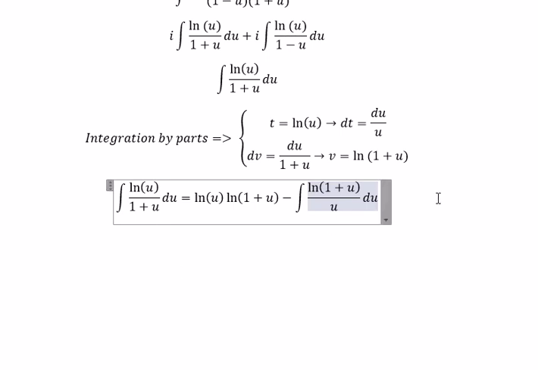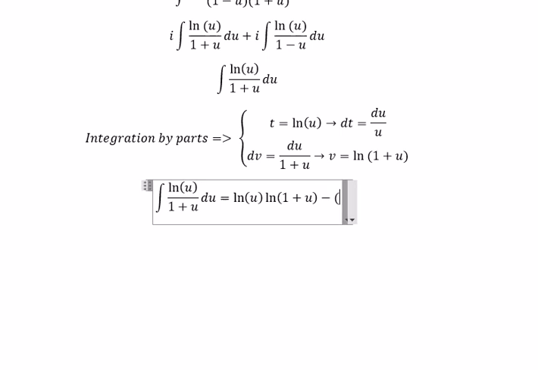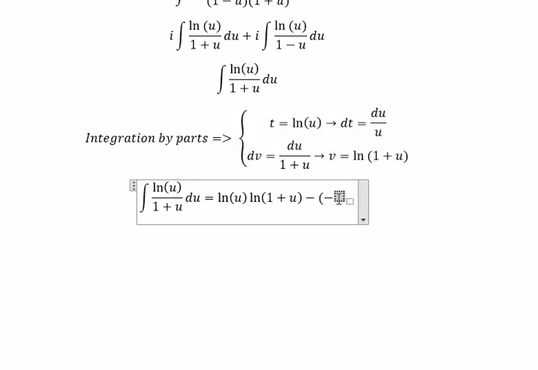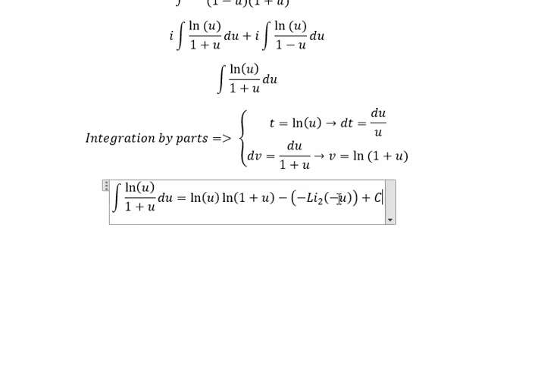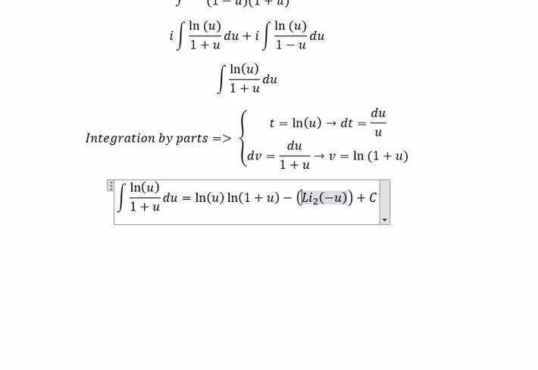Next, about this integral in here, we can change to the dilogarithm. So that should be negative Li2 of negative u, and we move c. Negative, negative, we go positive.